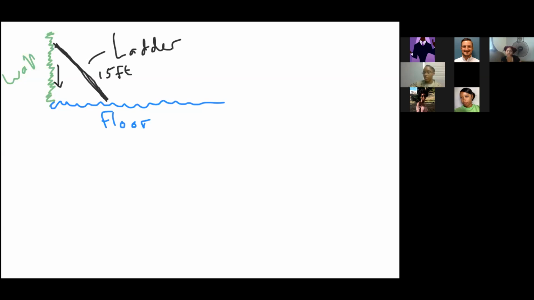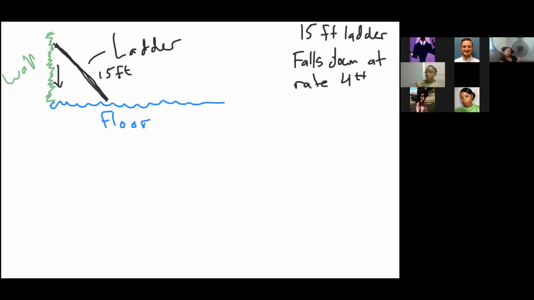So we're given a 15-foot ladder. We're given that it falls down at a rate, and that rate is my cue that this is going to be some change over time. So it falls down at 4 feet per second.